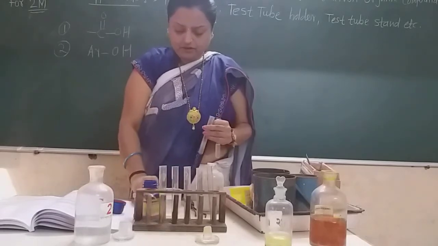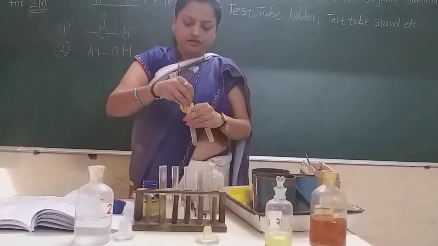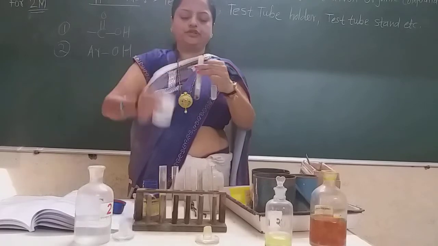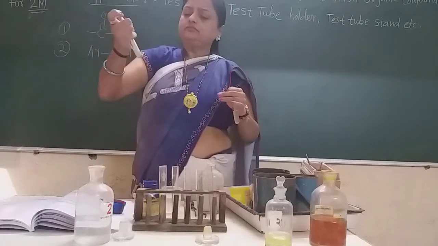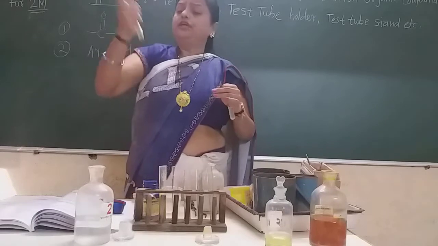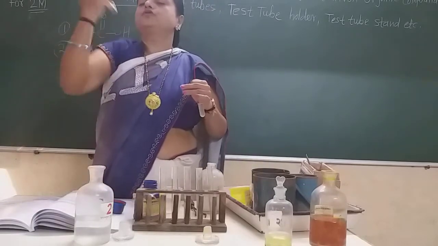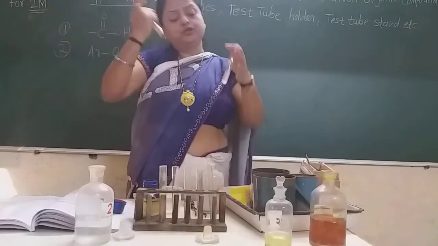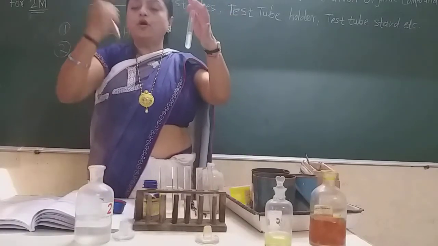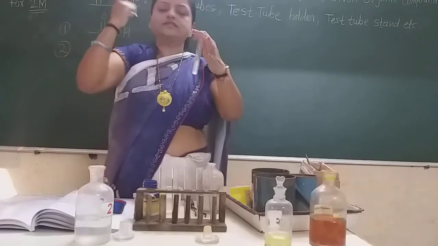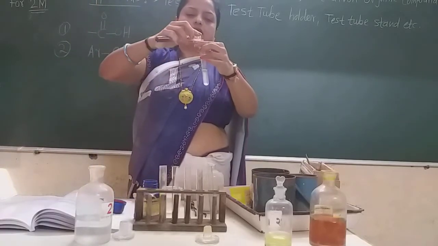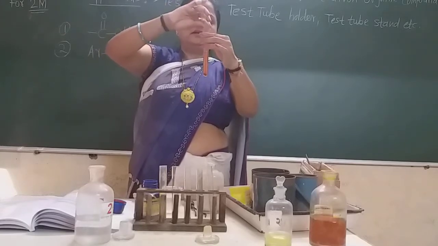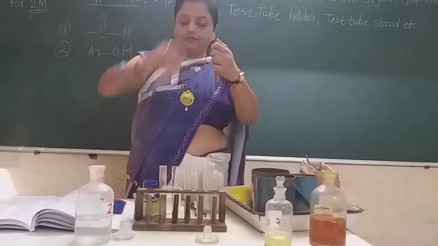Now suppose I first make the sodium nitroprusside solution here. Dissolve the sodium nitroprusside in water and make the solution, or directly add the sodium nitroprusside into this given organic compound plus NaOH, sodium hydroxide, and this sodium nitroprusside solution you have to add into that, and there must be a red coloration.